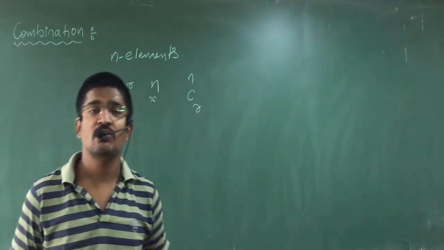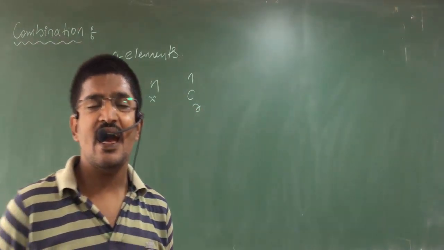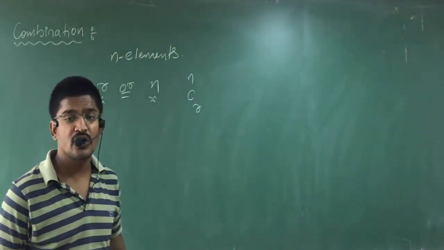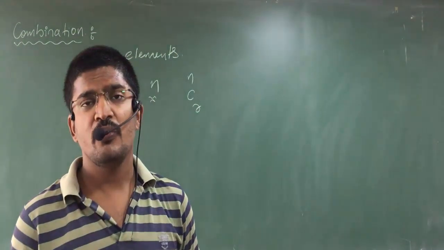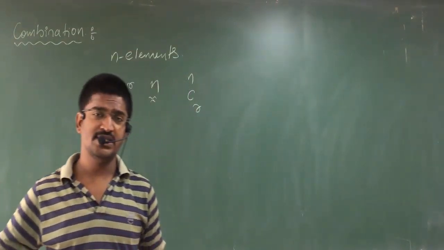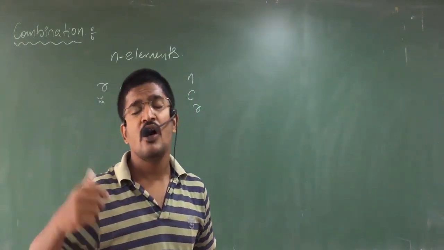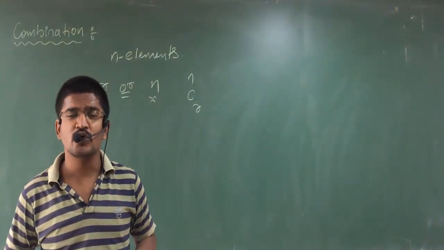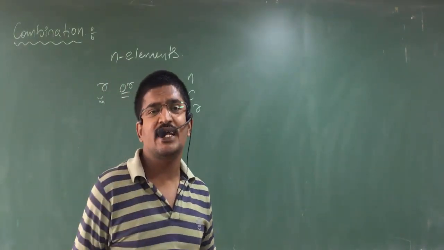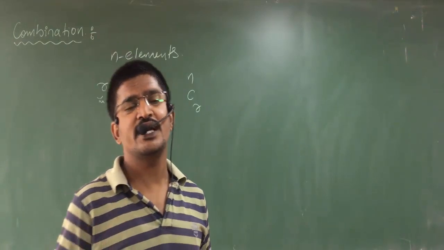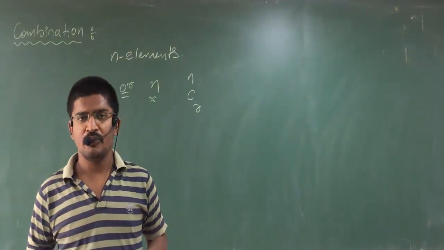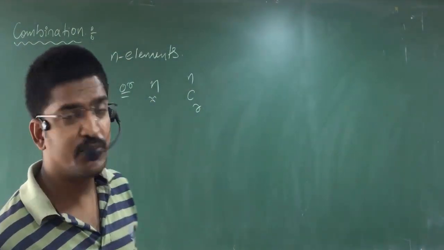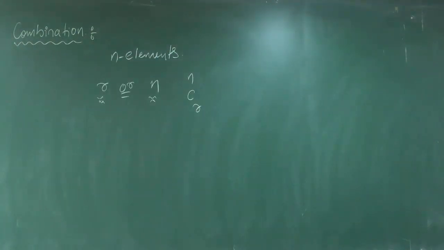So now you got what is combination: there will be n number of elements, from that you take R, or take all n, and you make groups of those elements. That kind of procedure is called combination. Now let us go for the difference between combination and permutation.